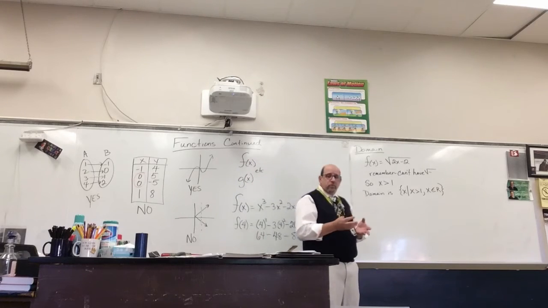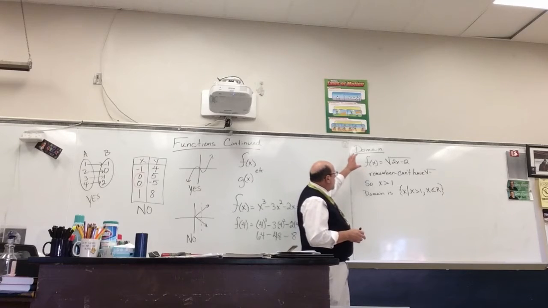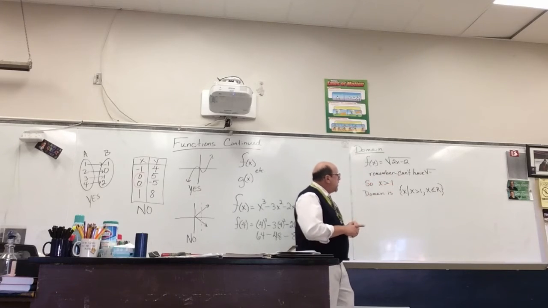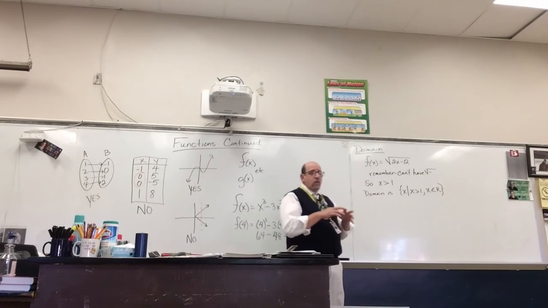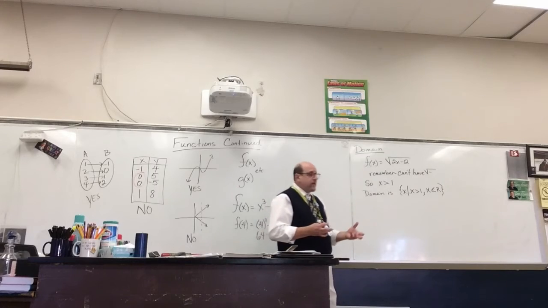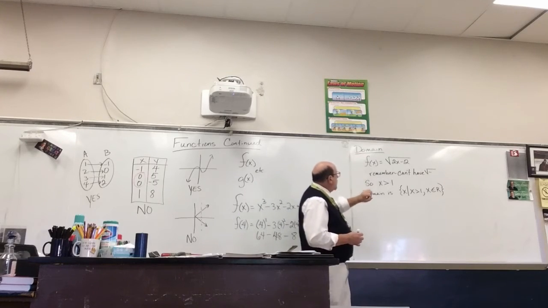So for our purposes in this class right now, we're going to talk about a domain that can't have a negative square root. There are other functions that are fraction functions, and we don't want a denominator of 0. But for right now, let's just talk about this function here.